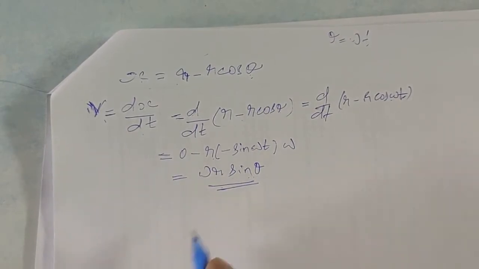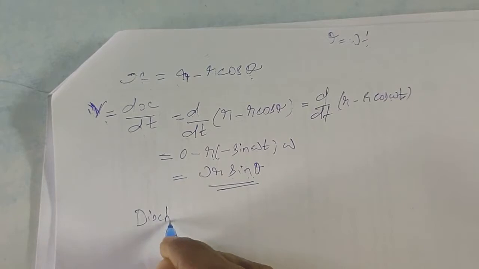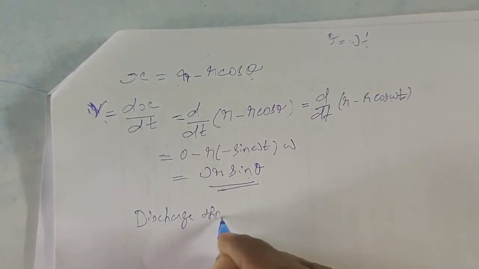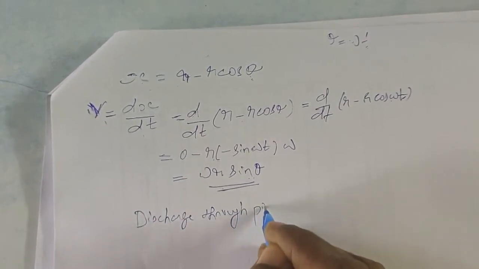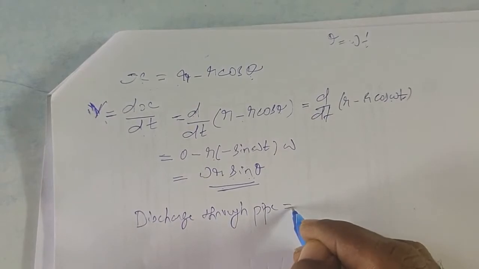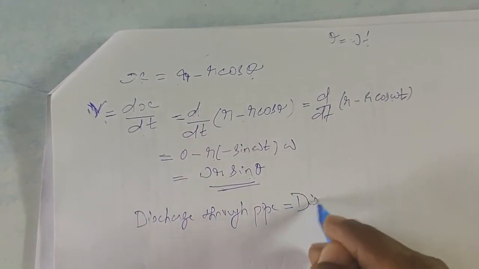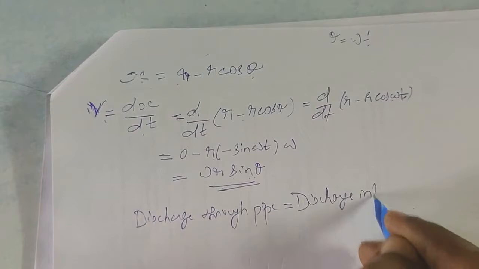Now we will apply the continuity equation. Continuity equation means discharge through pipe is equal to discharge into cylinder.